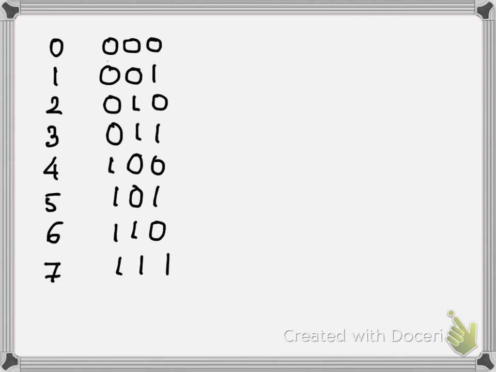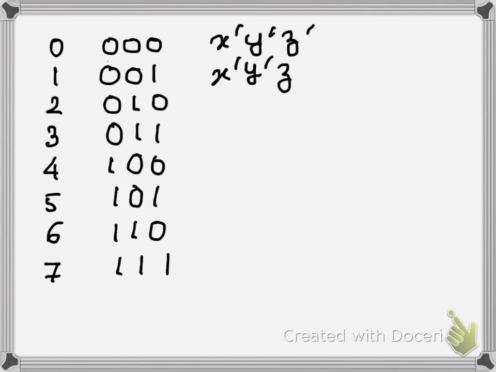So I get these possible values, and then I can write this term as x dash, y dash and z dash, and this one as x dash, y dash and z.